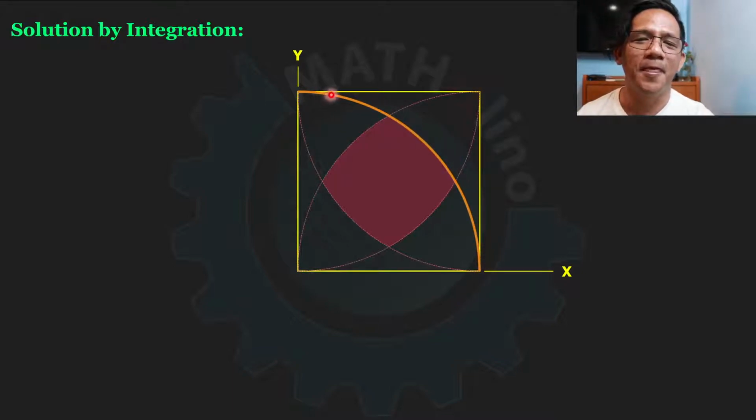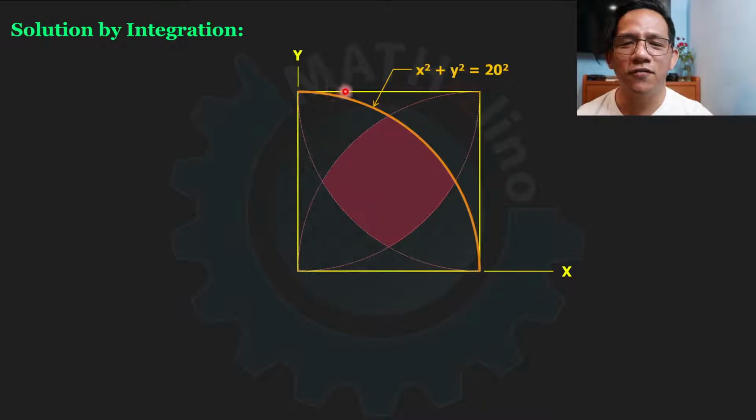From analytic geometry, it is x squared plus y squared equals radius squared, which is 20, the side of the square. That is the equation of this arc of the circle. Then we are going to divide this area into 4 equal areas like what we did in the previous solution, and consider one of these 4 areas.